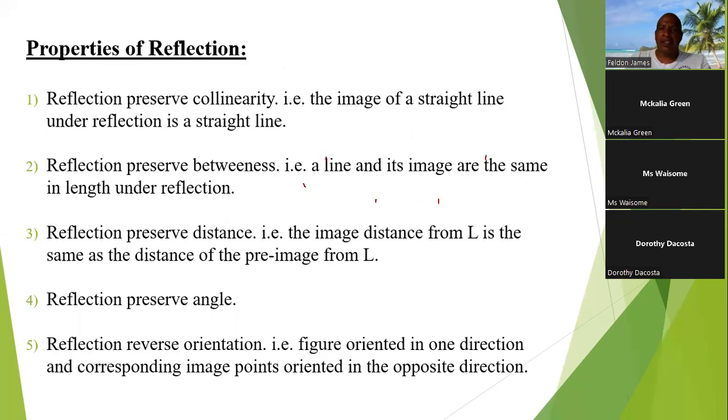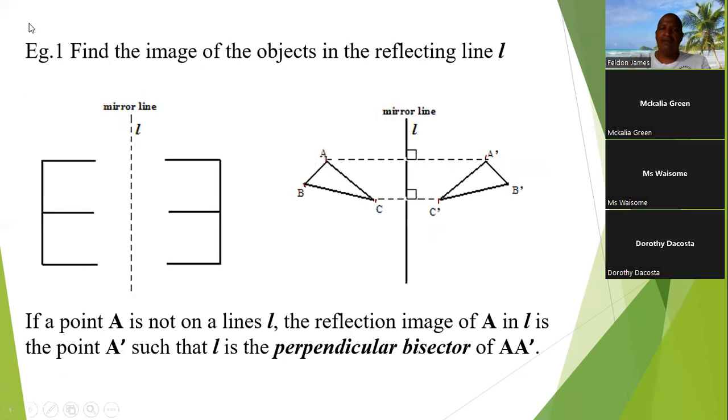All right, these are some properties now for reflection. So reflection preserves collinearity. The image of a straight line on the reflection is a straight line. So what it means, if we go back to what we have here, collinearity means that if you just have a line on the left side here, then reflection will preserve the same line on the other side, right?